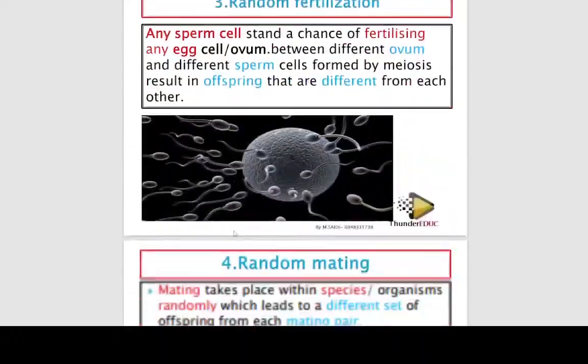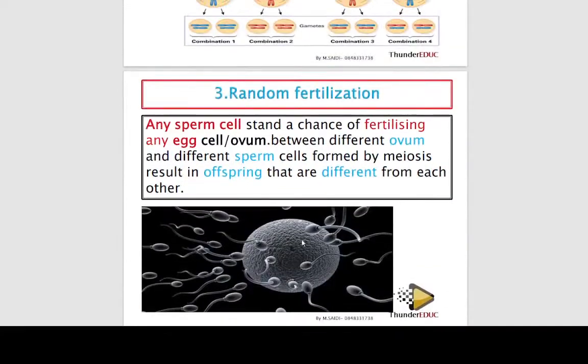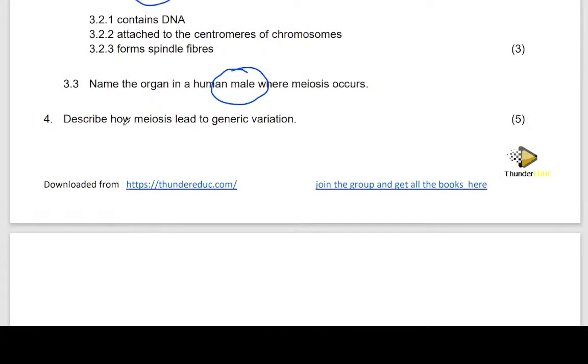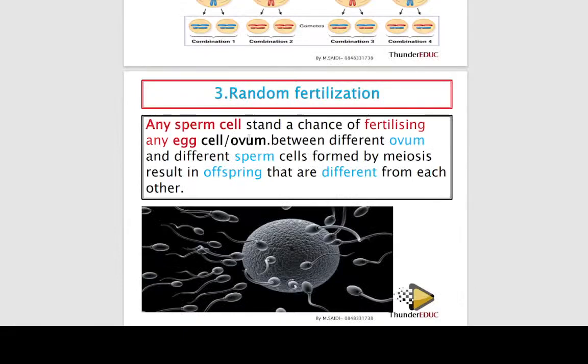Which sperm among these sperms is going to fertilize the ovum? So still, this is not meiosis. So don't talk about this when the question comes asking you to describe how meiosis leads to genetic variation. Don't talk about random fertilization.